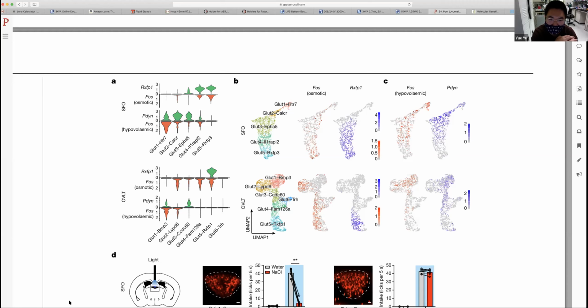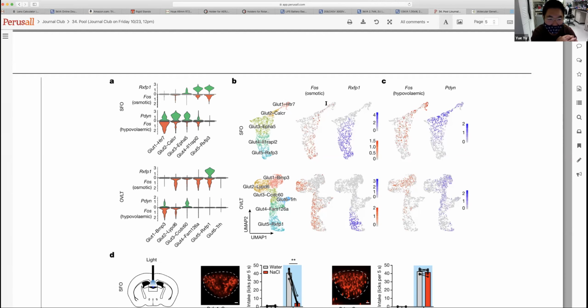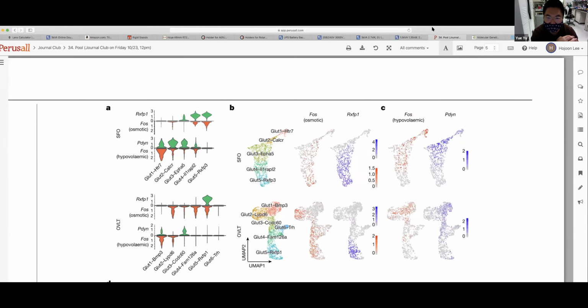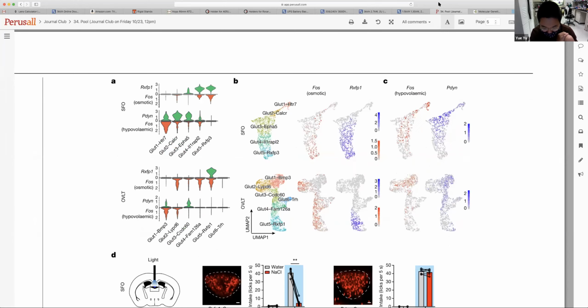That's the bottom panel of A. You can see several neuronal groups having Fos expression under osmotic condition, where only one of the groups has strong correlation with RXFP1. So I don't know, but they also claim this is just an approximate marker. It's not a definite marker for the two conditions.